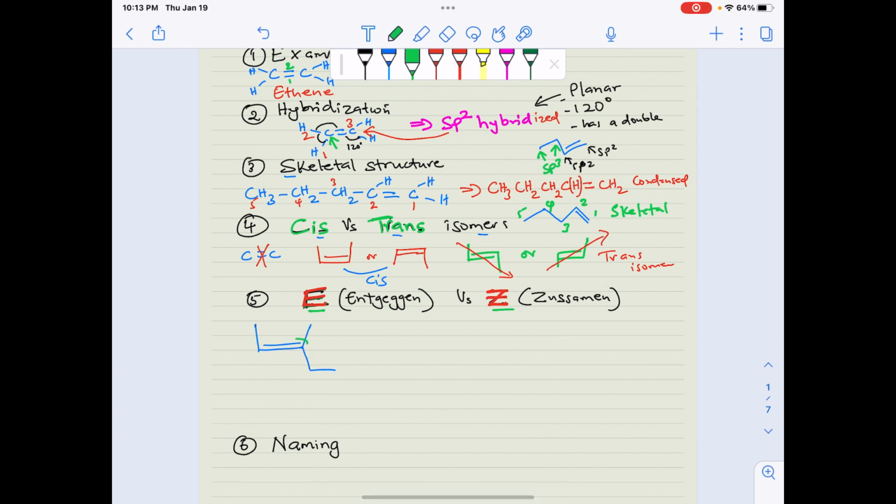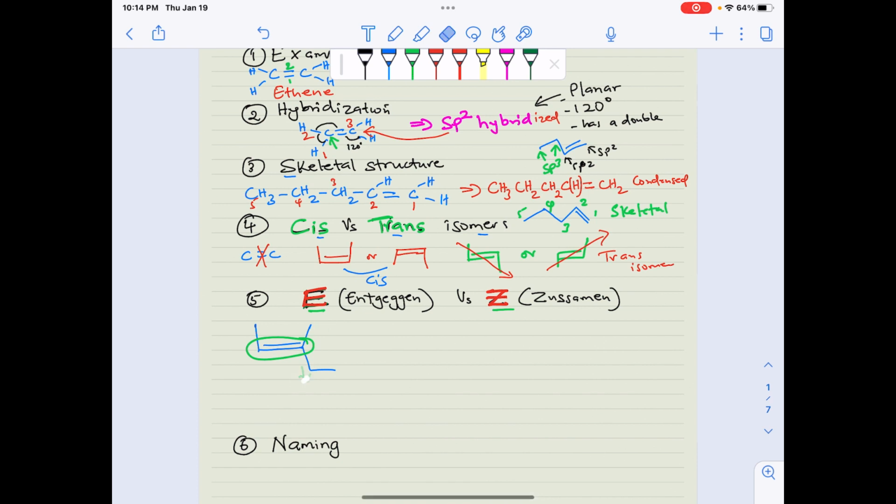If you look at the double bond here, we have this group up and this group up, but this other one is going down. So you can't say both groups are up or one group is up and the other one is down. In this situation, we cannot use cis and trans. So we need to use a different method, and that's where the classification system comes about, the E and Z isomer.